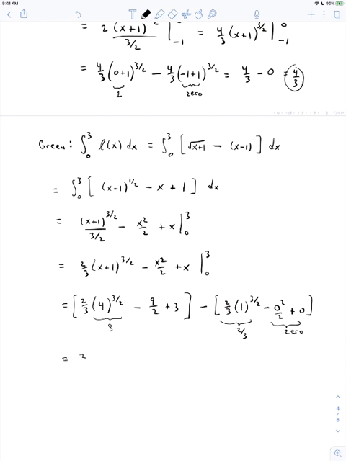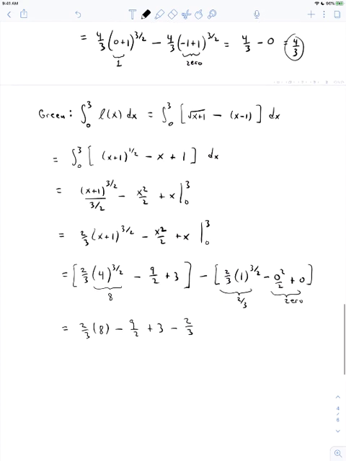So you end up with 2/3 times 8 minus 9/2 plus 3 minus 2/3. So if you work through all of the details, this should give you 19 over 6. So that's the area of the green portion.